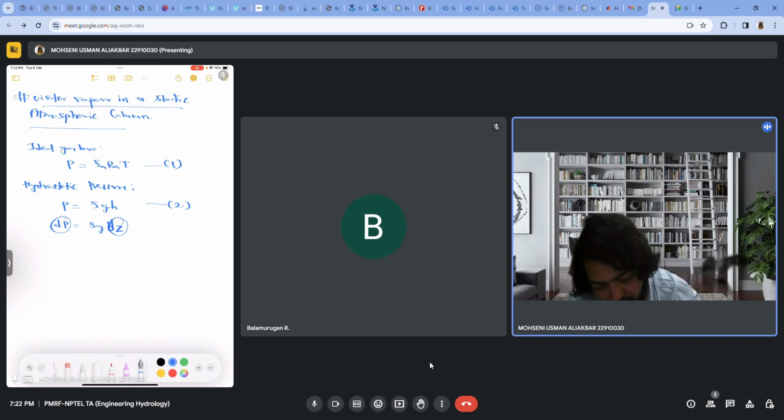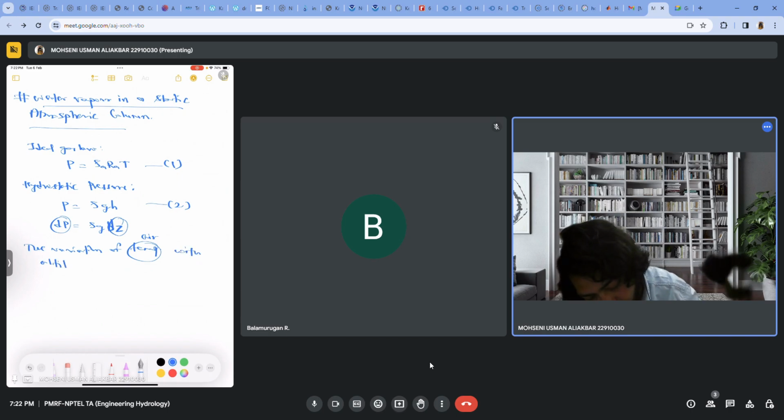So we are going to use equations 1 and 2. Let us now consider the variation of air temperature with altitude.